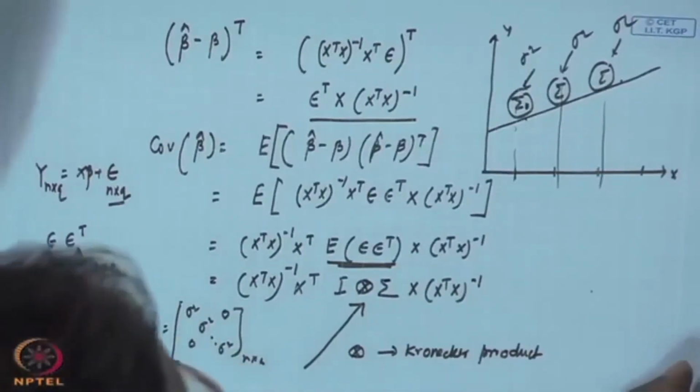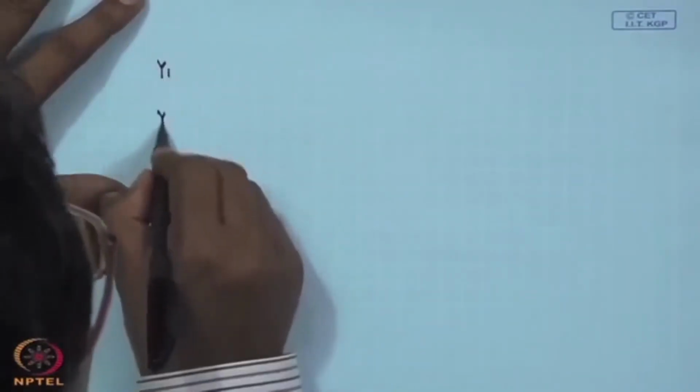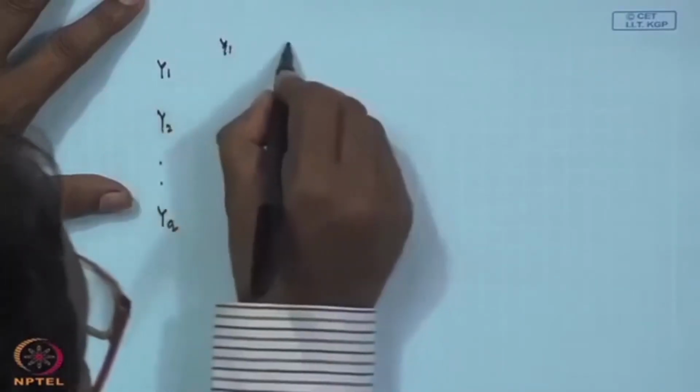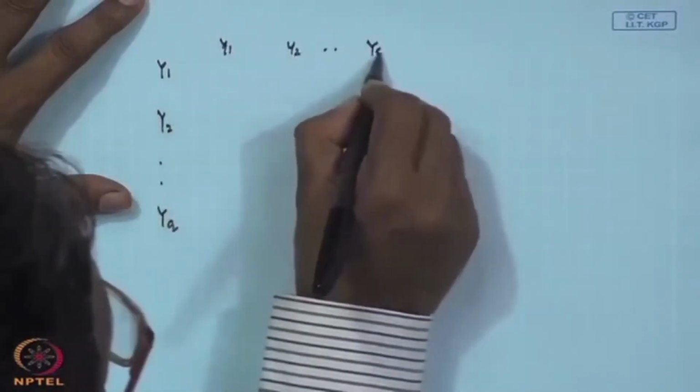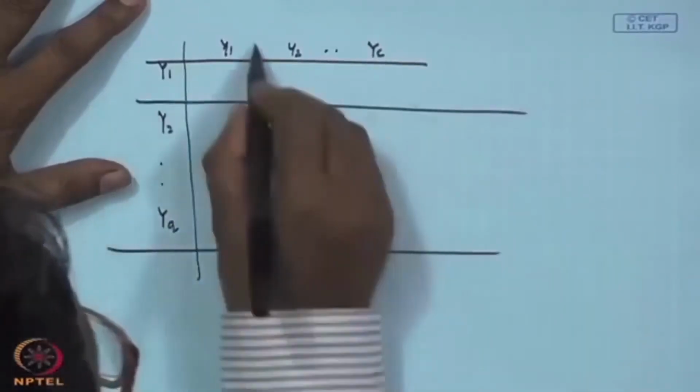So what is happening in this case? Suppose I have y1, y2, similarly yq, and this side also y1, y2, like yq. So see what is happening here.